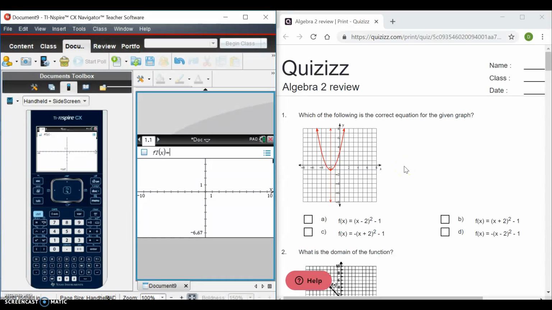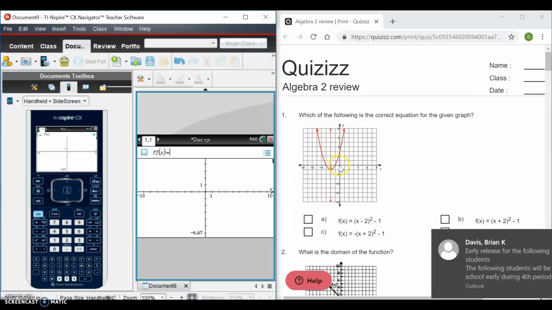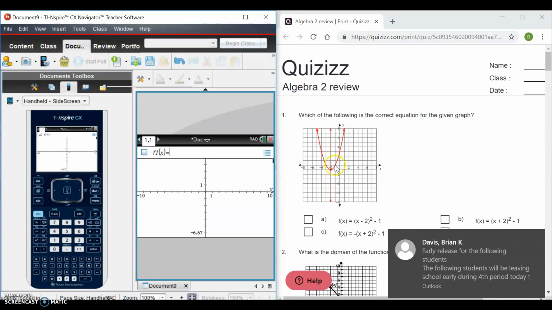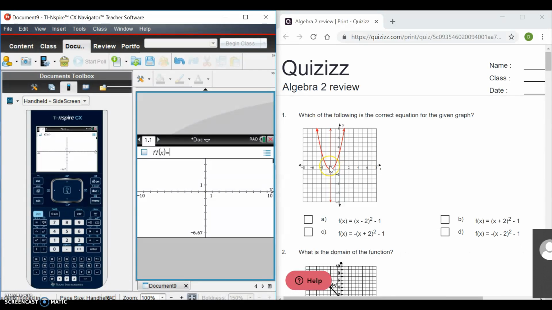Okay. So the one thing we need to focus on is the vertex, okay? And all these equations are in vertex form, all right? So I noticed that this moves 2 to the left, and in the past I've talked about it moving, when it moves to the left, it's actually opposite, okay? So anything in the parentheses tells me that it's moving in the x direction.